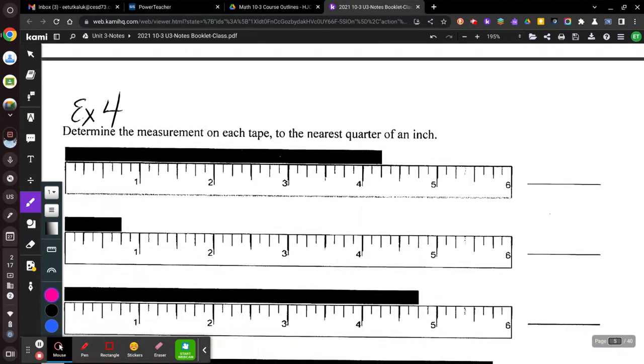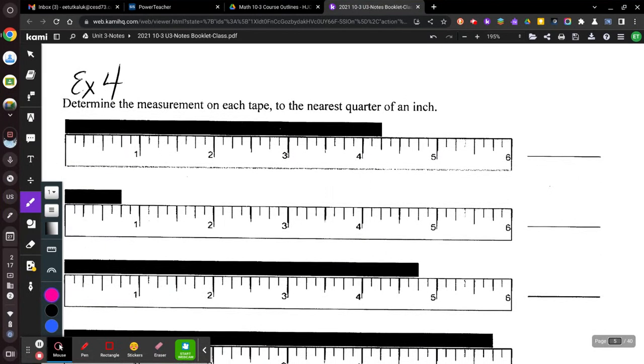Okay, now we're going to go to a 1/4 of an inch. Now, quarters, that's like this, just like time. So this would be 1 out of 4, 2 out of 4, 3 out of 4, and 4 out of 4. 4 out of 4 means you've reached your whole number.